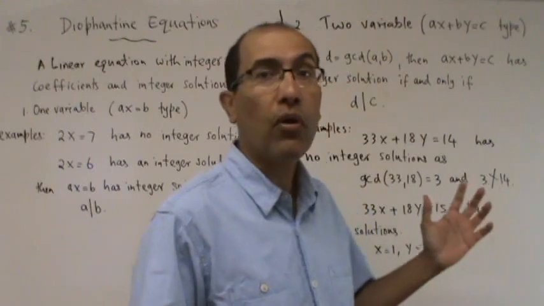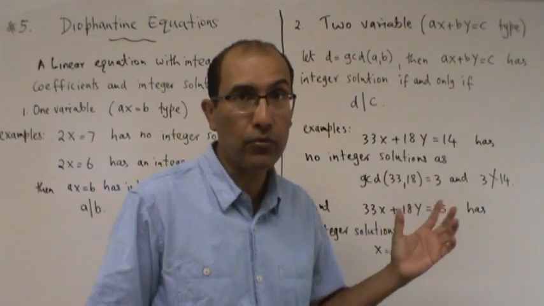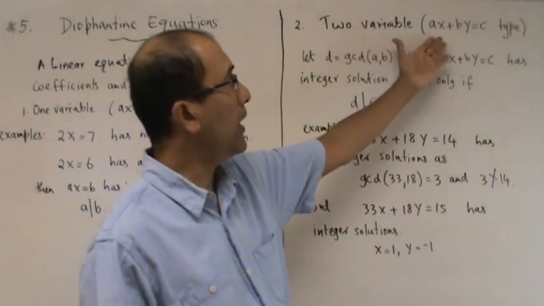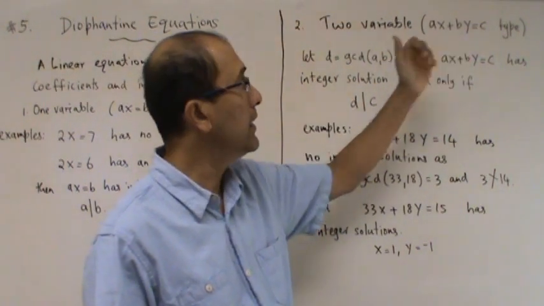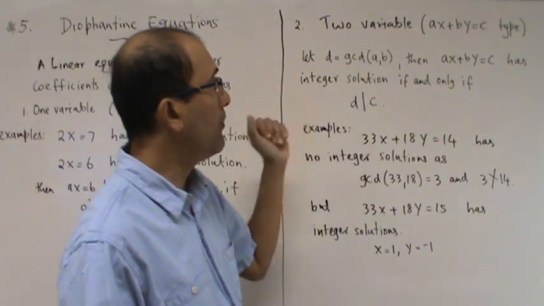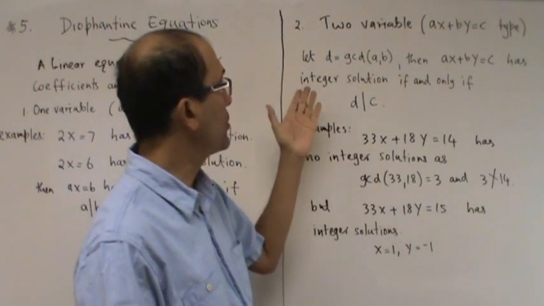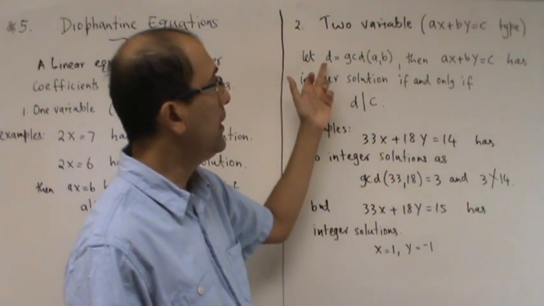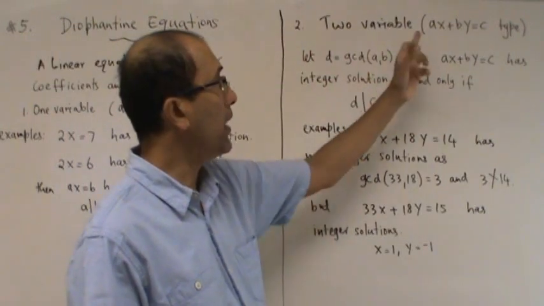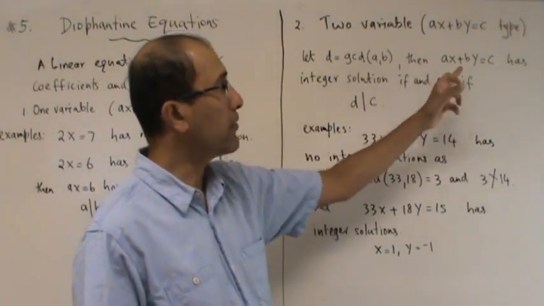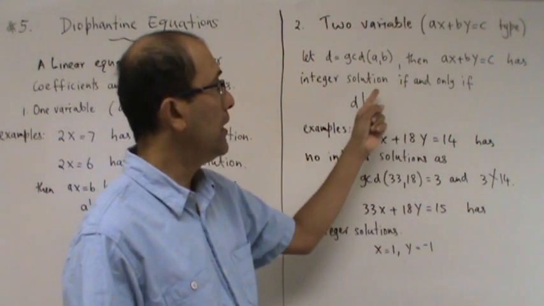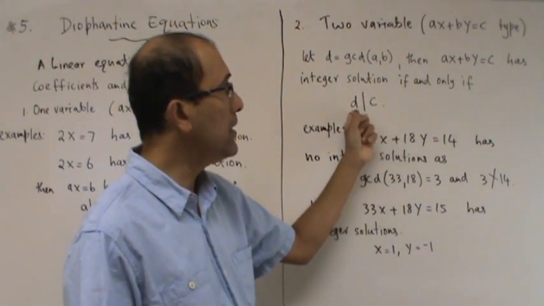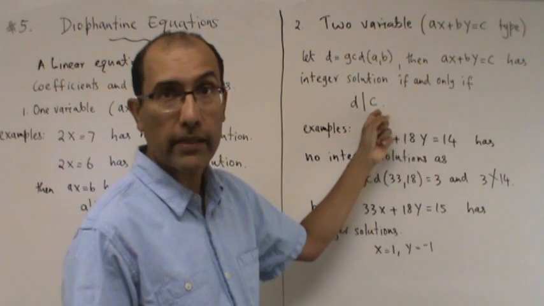Let's look at a bit more complex equation when we have two variables. So I want to look at an equation that looks like ax plus by equals c. And now we have a theorem here, a proposition that let d be the greatest common divisor of a and b. Then ax plus by equals c has integer solution if and only if d divides c.